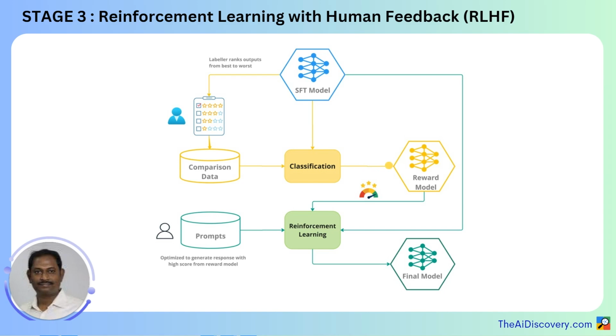Now a labeler trainer gives a prompt, and this reward model gives the score for that prompt dynamically, and based on the score, the SFT model finalizes the final response. This feedback is again fed into the model, and this process continuously repeats.